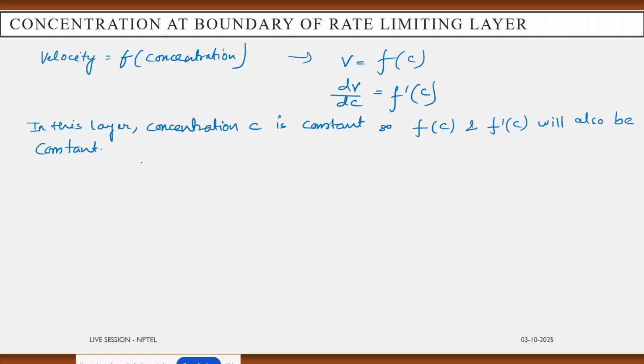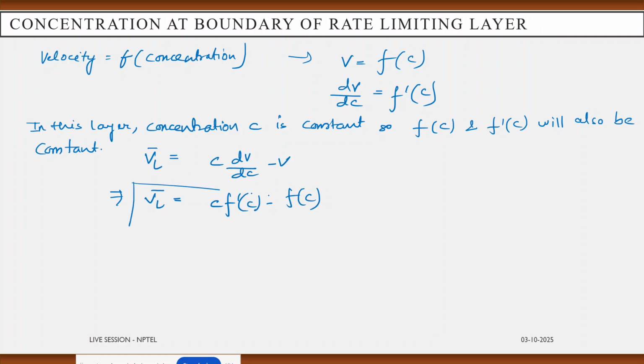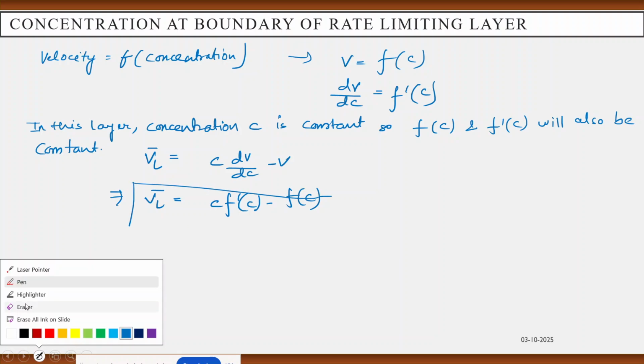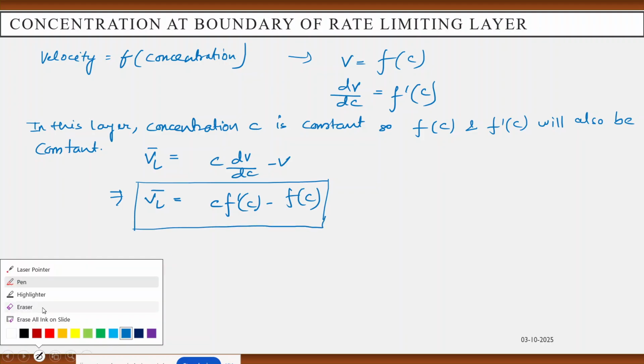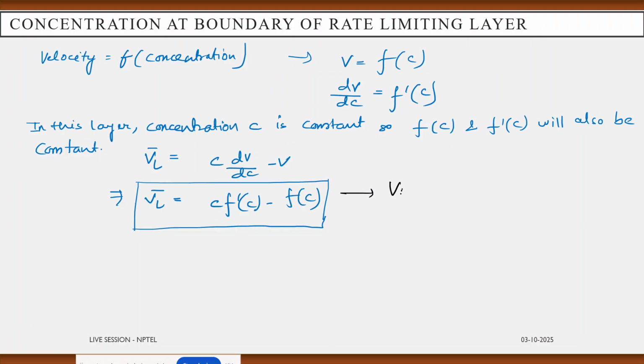In the last equation that we discussed, VL bar will be C F dash C minus F C. So these are all constant, so VL is also constant. From here we can conclude that VL is constant.